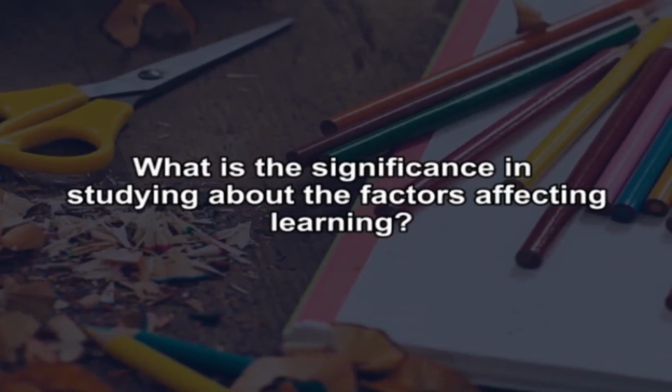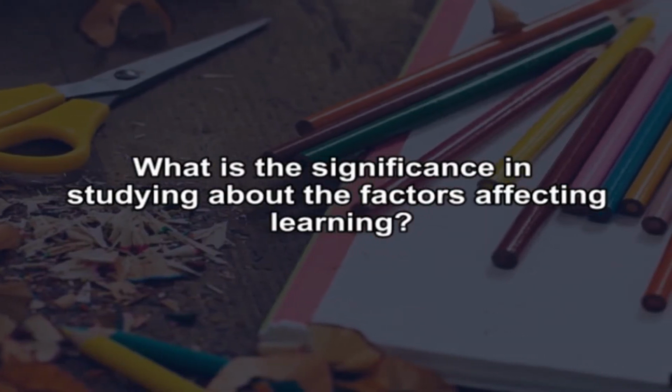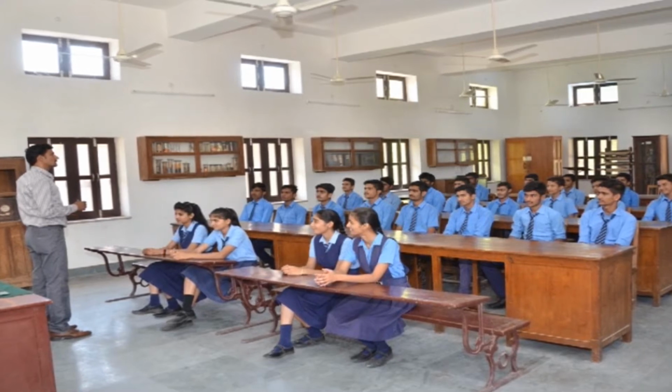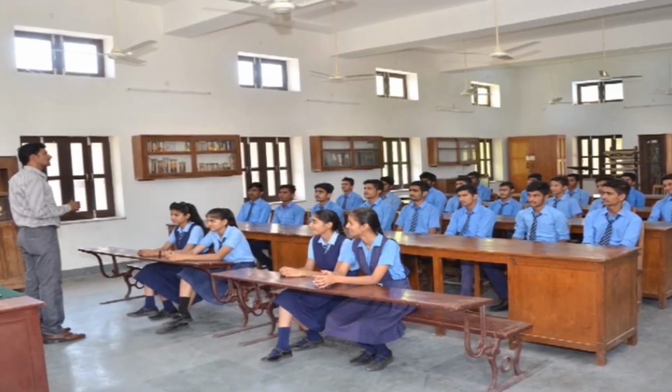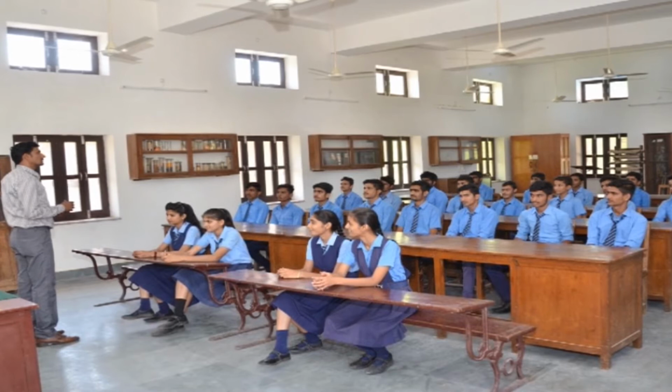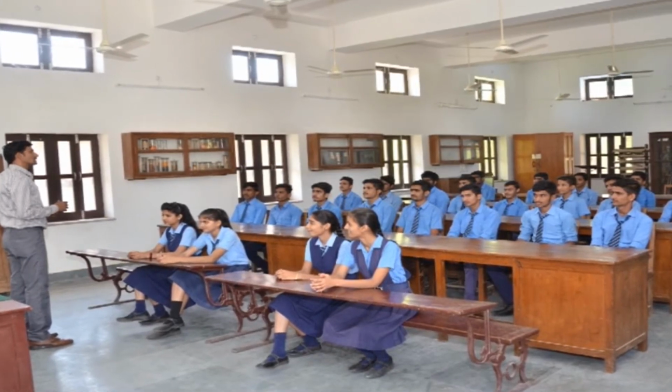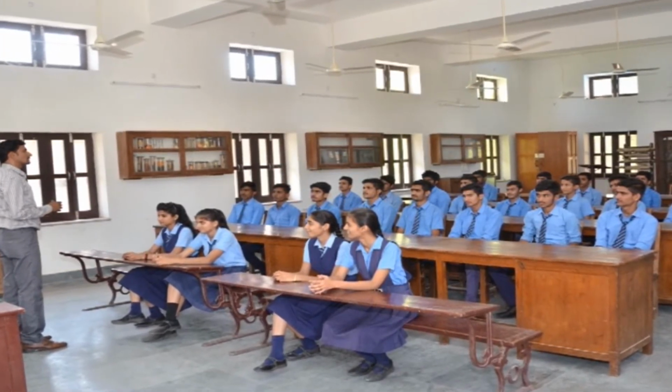What is the significance in studying about the factors affecting learning? In order to solve the problems related to learning and to improve the teaching methodology, it is mandatory to study about the factors affecting learning.